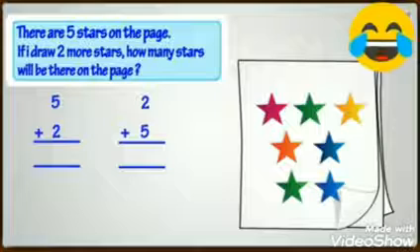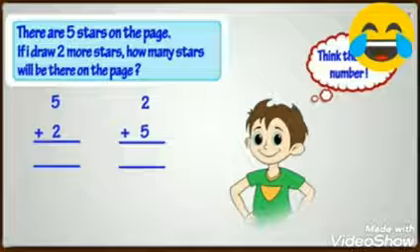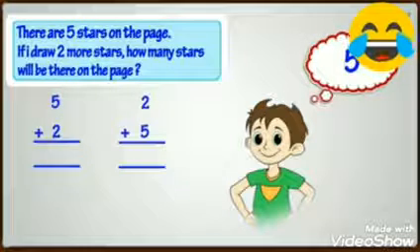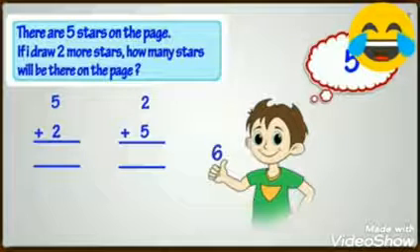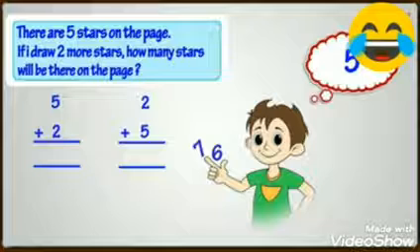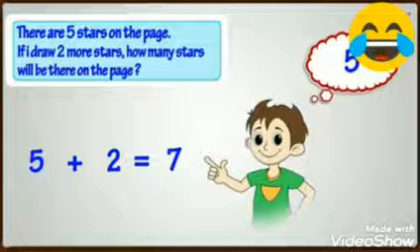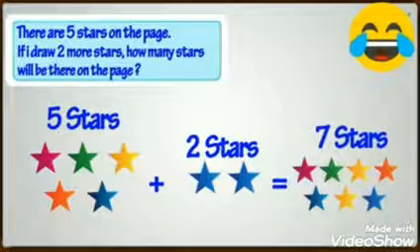Let me help you do that. Think the bigger number, that is 5, and count up 2. 6, 7. 5 plus 2 equals 7. So there are 7 stars in total.